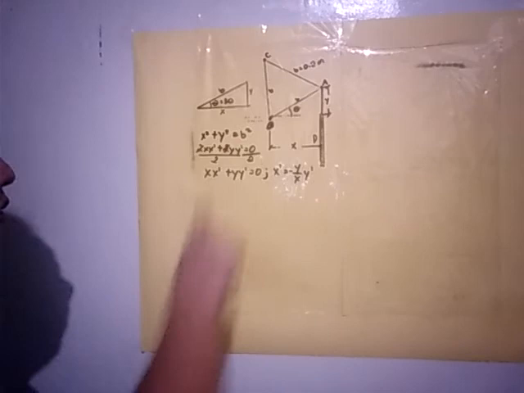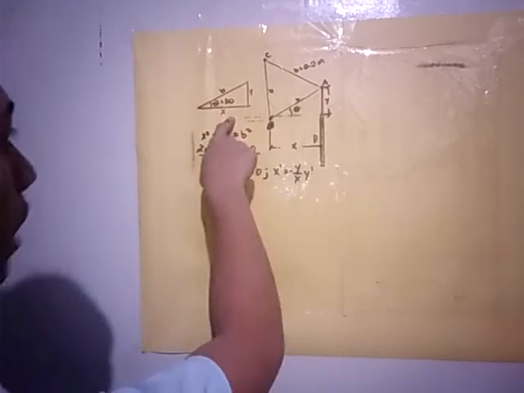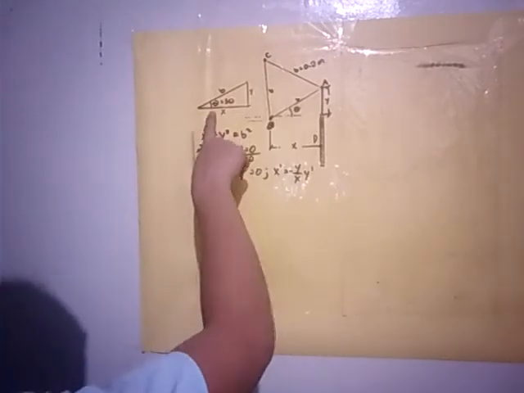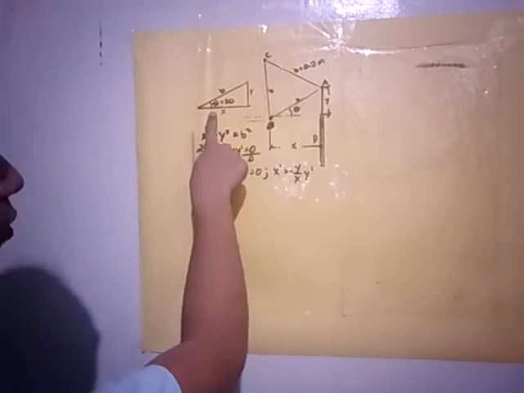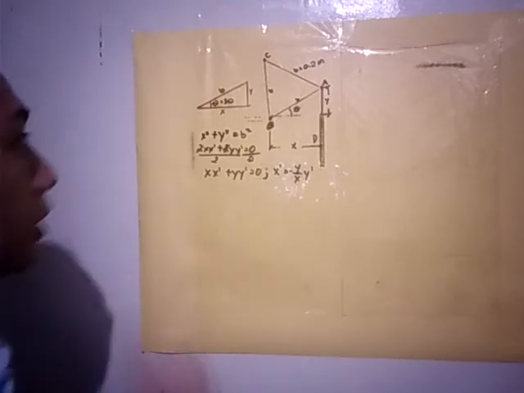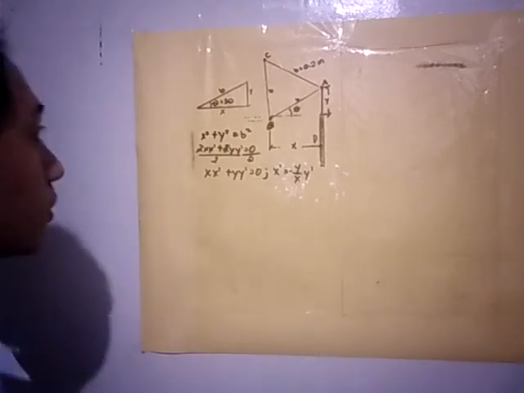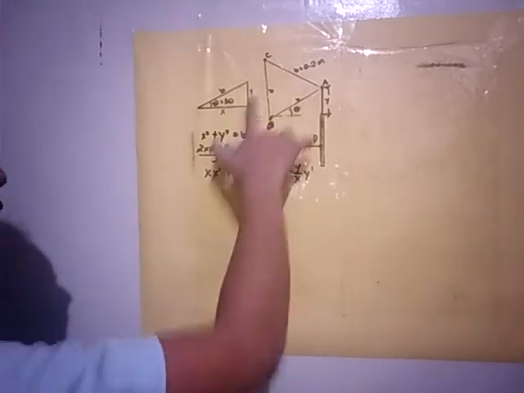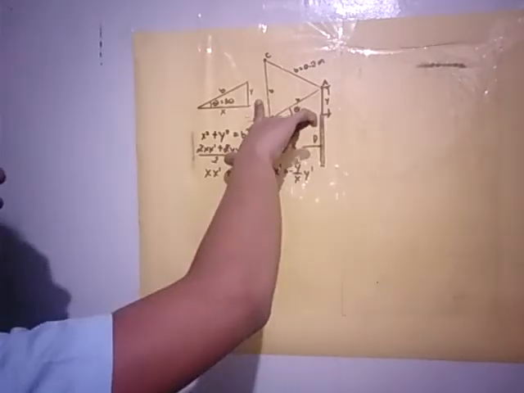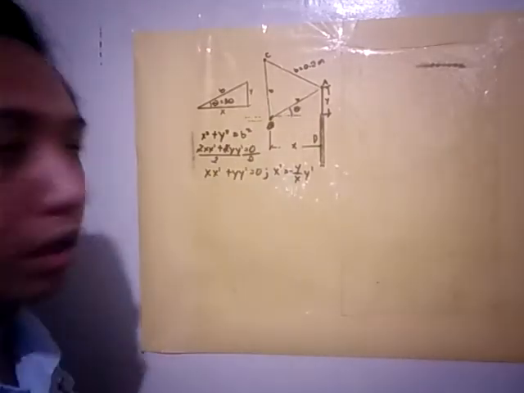So going back here, our value of y is b sine 30. Why? Because our y is the opposite side of the angle.